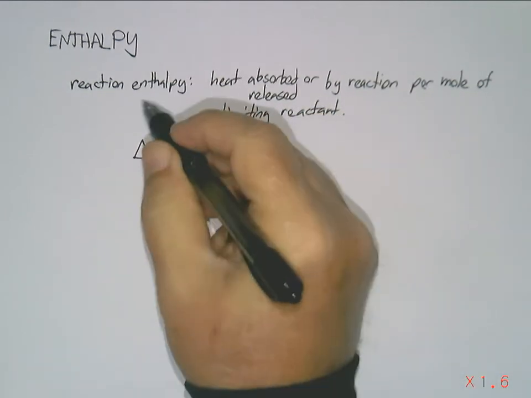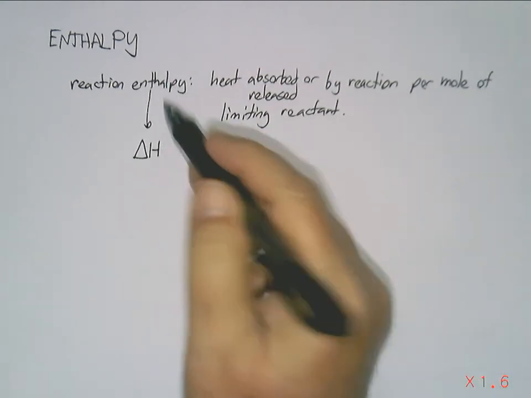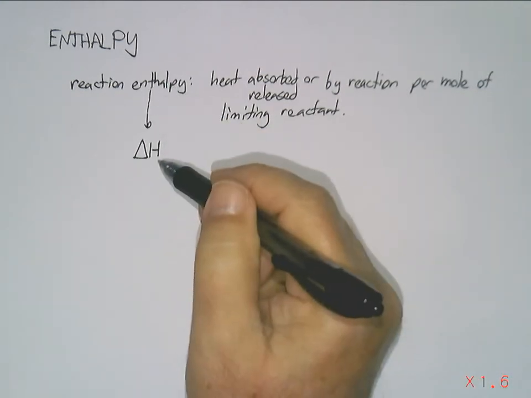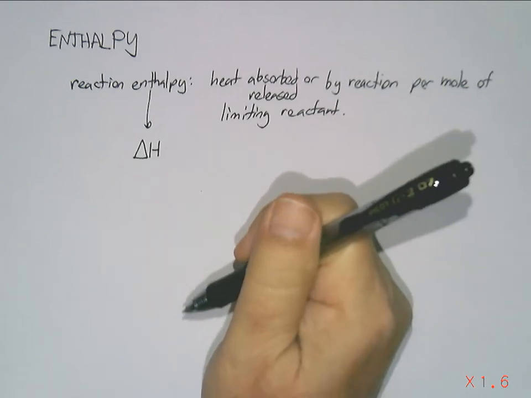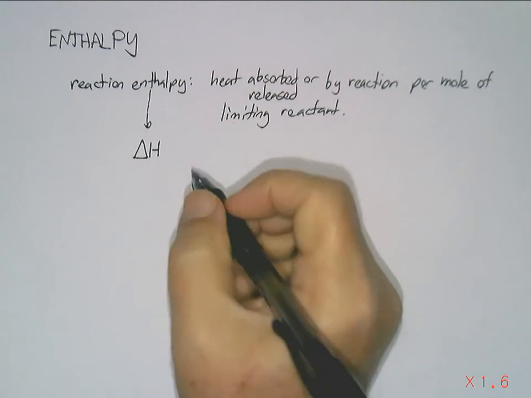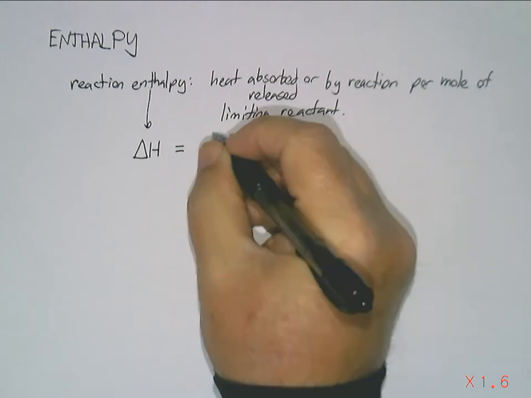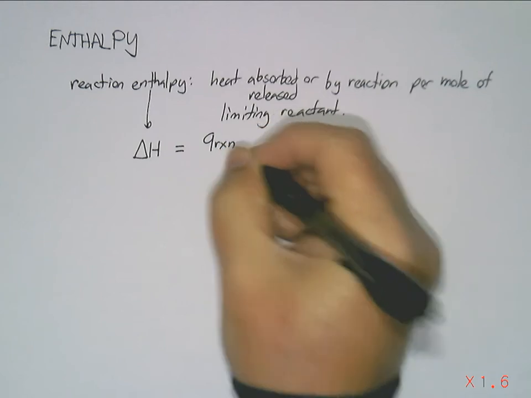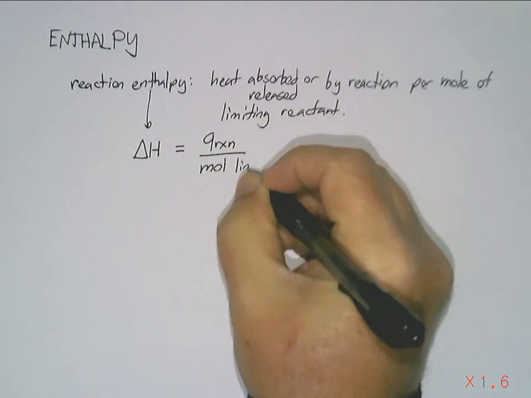We're going to call the reaction enthalpy delta H. It's a change in enthalpy. It's the enthalpy of the products minus the enthalpy of the reactants. We'll look at that more in the next worksheet, actually. It's equal to the Q reaction that we just calculated over moles of limiting reactant.